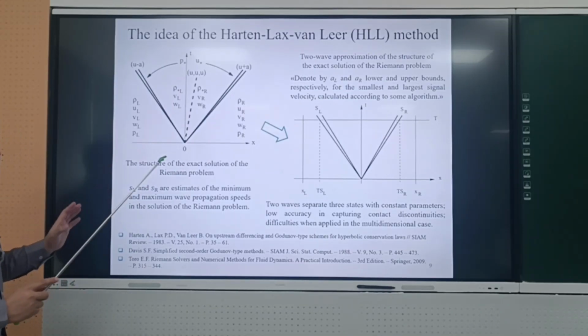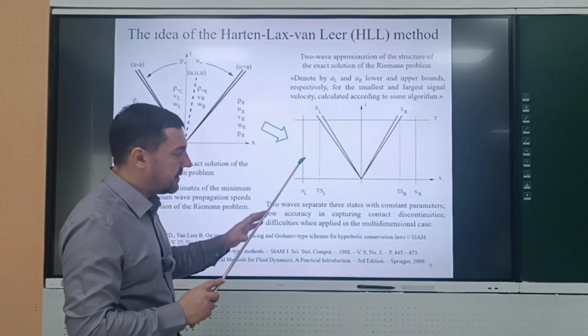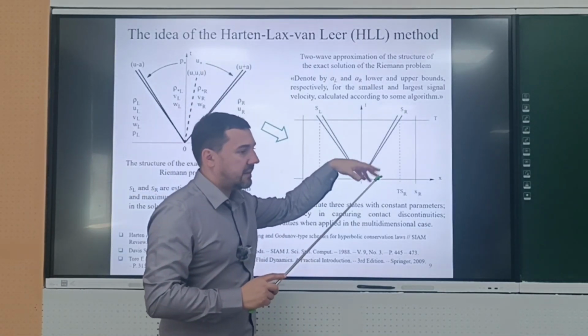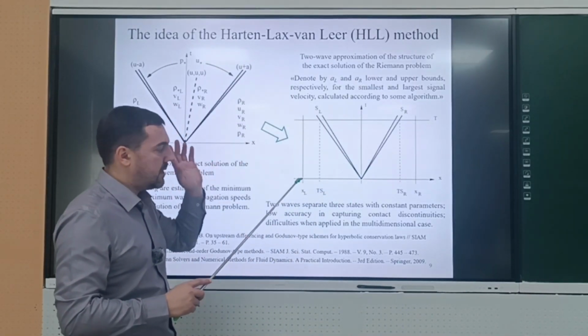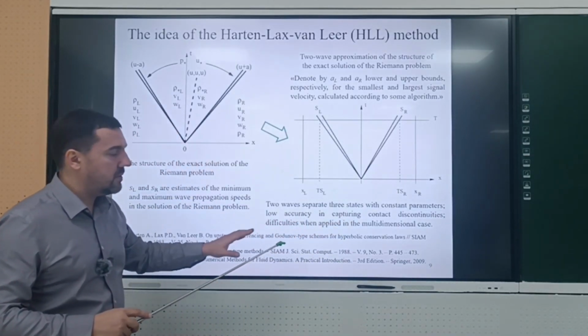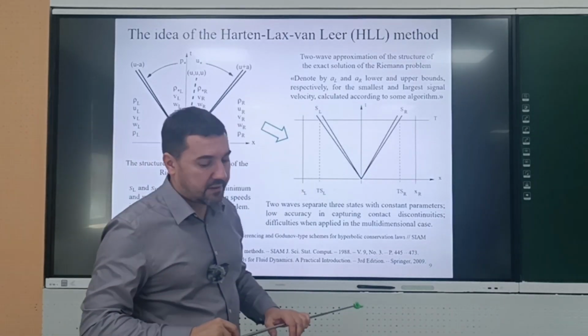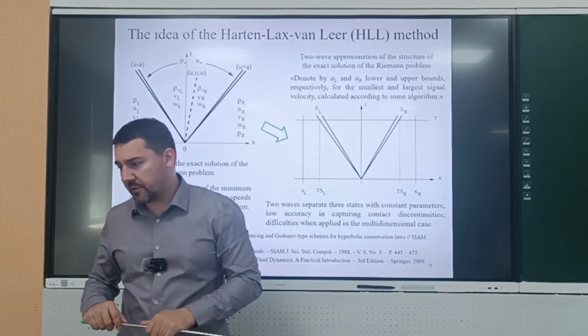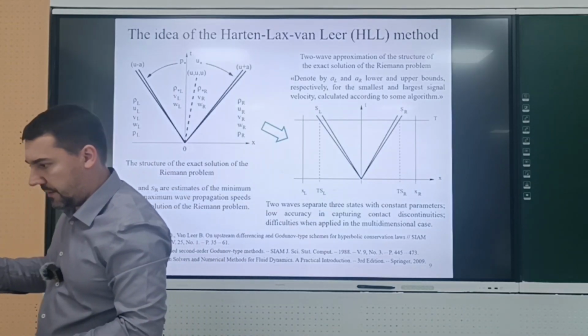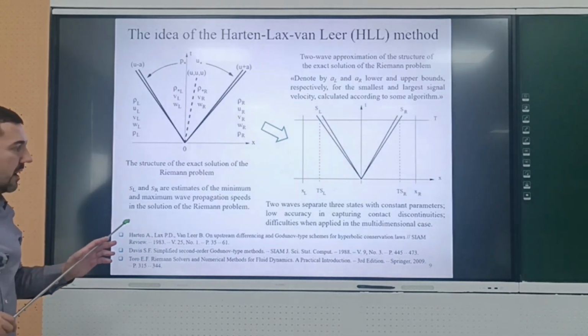We can expect even at this stage that such an approach will meet some difficulties. For example, if we cancel the contact surface, it means that we can expect lower accuracy in capturing contact discontinuities, and that's true. I will show a number of numerical examples in which you will see that indeed the resolution of contact discontinuities is very poor.